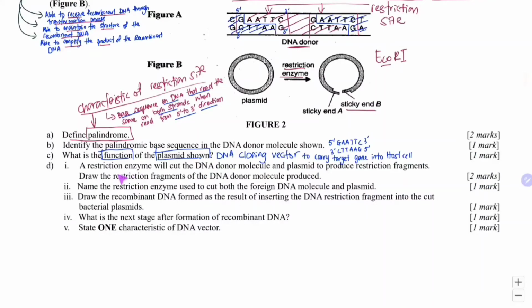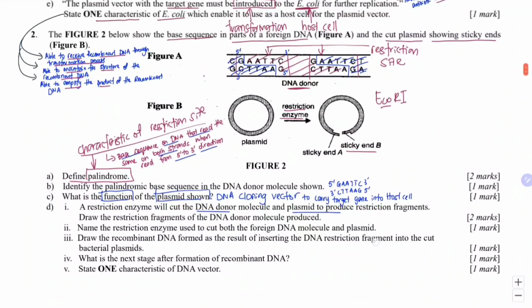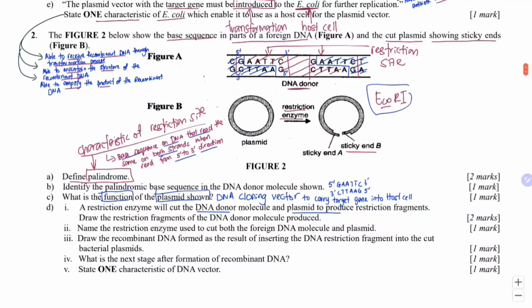So next question, a restriction enzyme will cut the DNA donor and the plasmid. So yang kata satu enzyme yang akan cut both the donor and the plasmid produce restriction fragments, iaitu hasil kena cut dengan enzim tadi, iaitu yang kita panggil sebagai fragment.